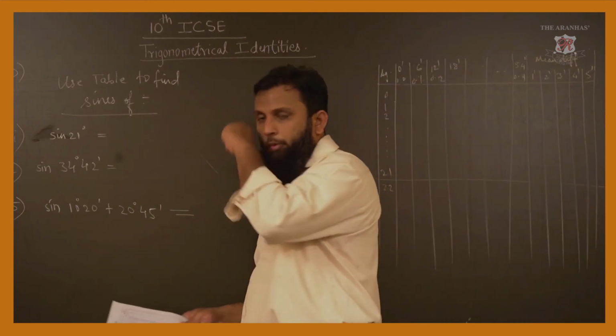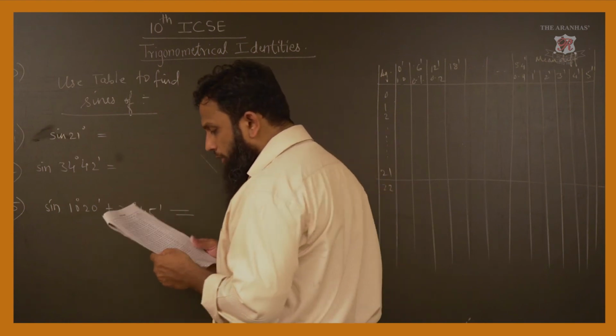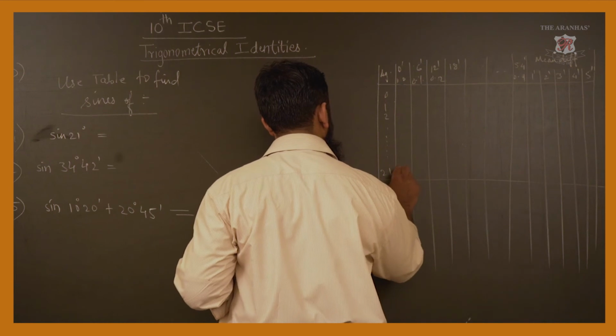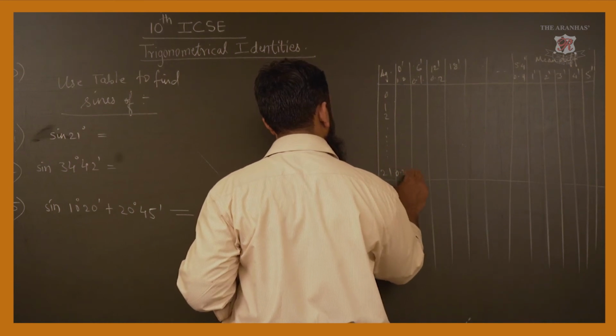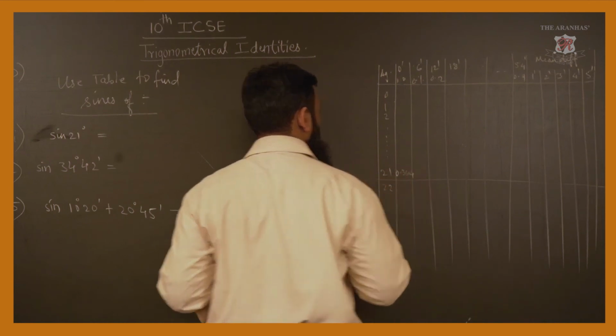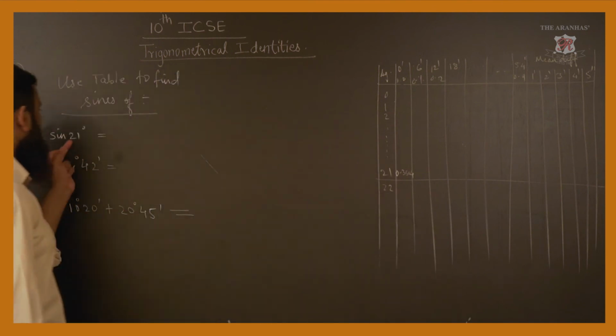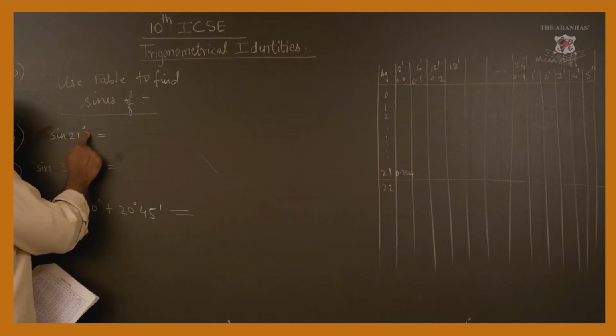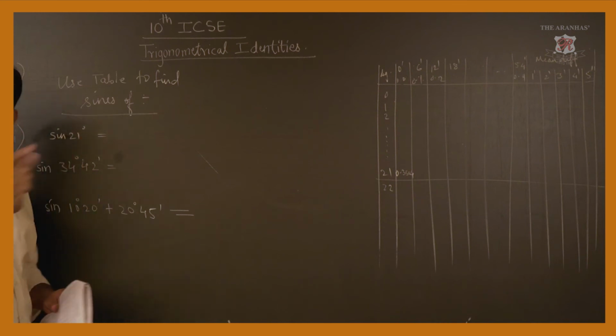Now, for sine 21 degree, the value given here is 0.3584. So, how do you find sine 21? See, here it is written sine 21 degree. Is there anything written in the minute part? Nothing is there.